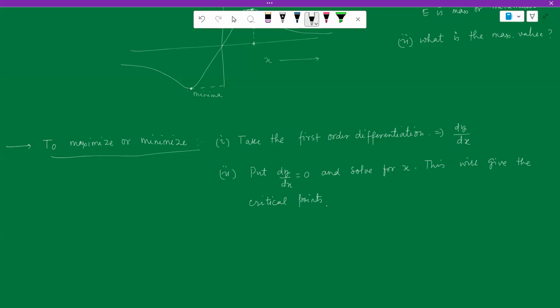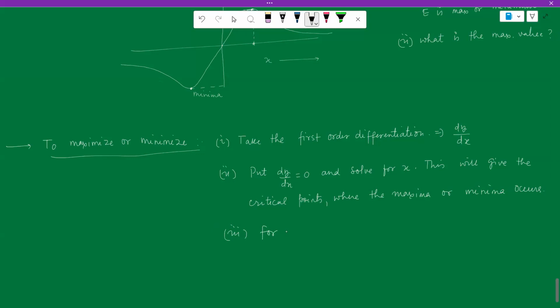This will give the critical points. What are the critical points? Where the maxima or minima occurs. Right. The third step is to check if we have minima or if we have maxima.